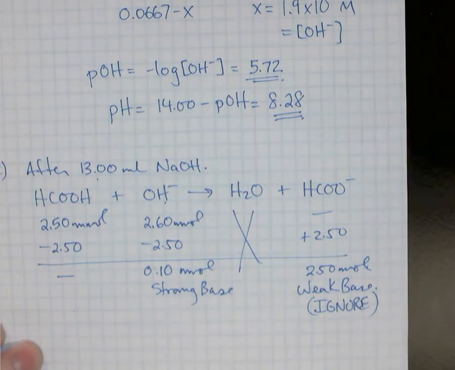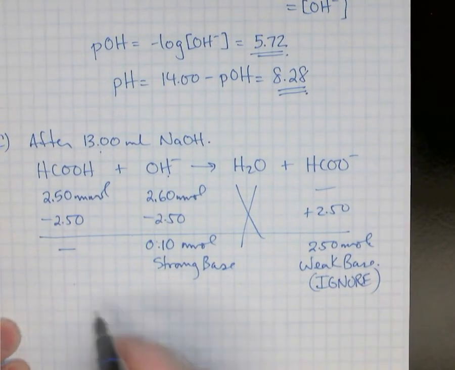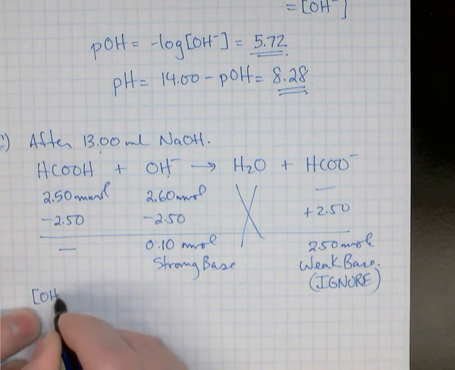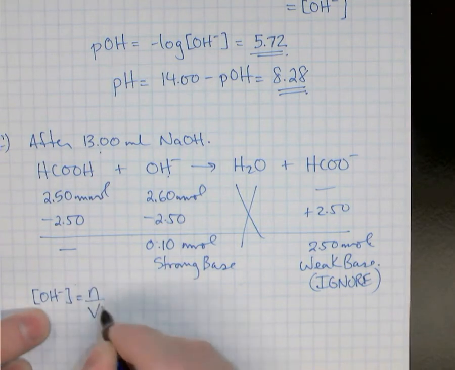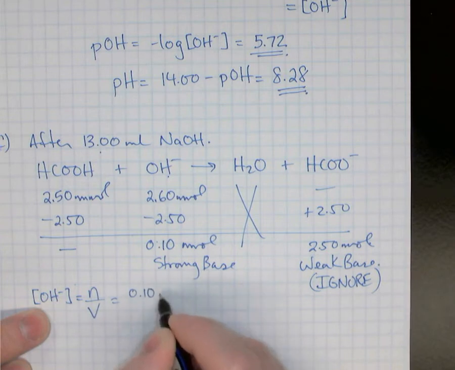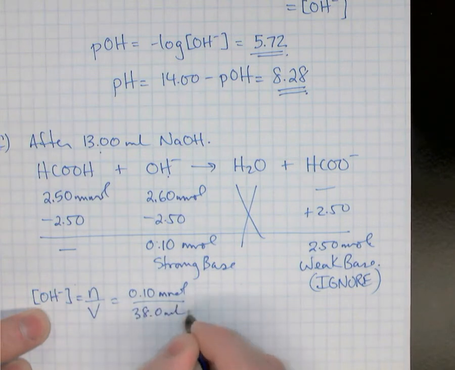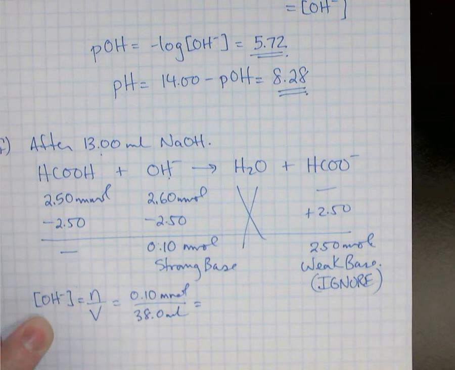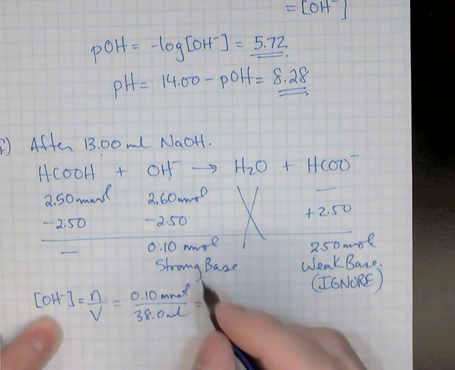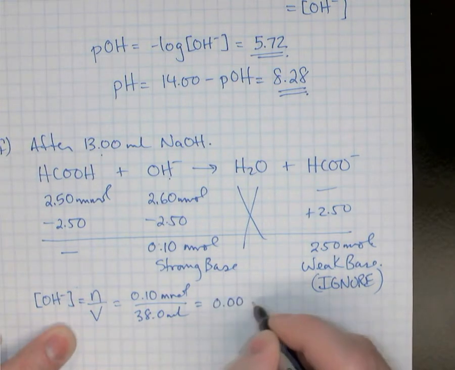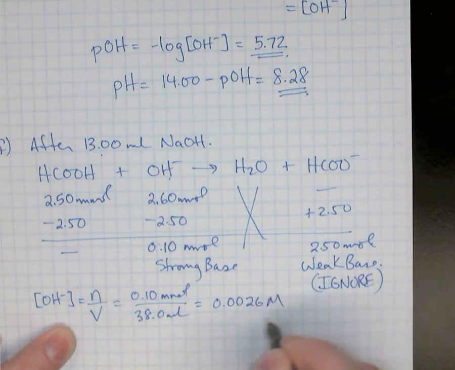So all we're going to do now is take the excess strong base and say the concentration of hydroxide is moles over liters, so 0.1 millimoles over 25 plus 13, which is 38 milliliters at this point. So 0.1 divided by 38, 0.0026 molarity. That's our hydroxide concentration.